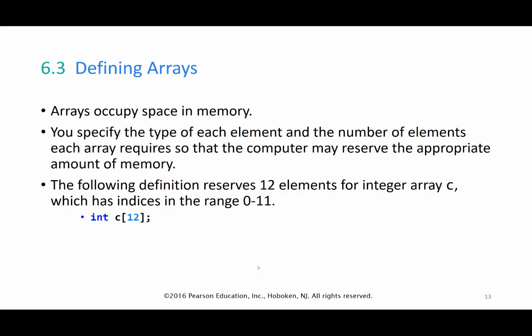Now, if you define a structure, which we haven't done yet, I can have an array of structures. I can have an array of long integers. I can have an array of reals. I can have an array of strings. Now, a string itself is an array.